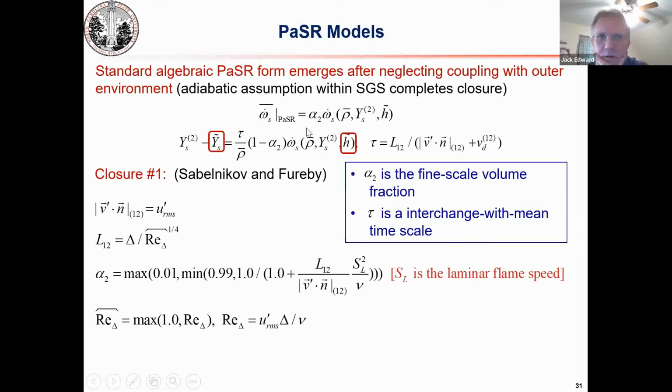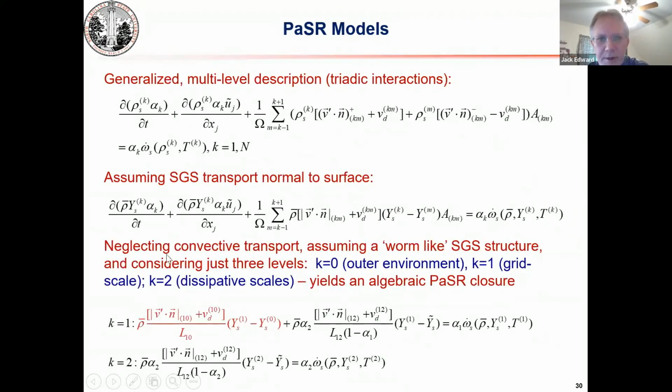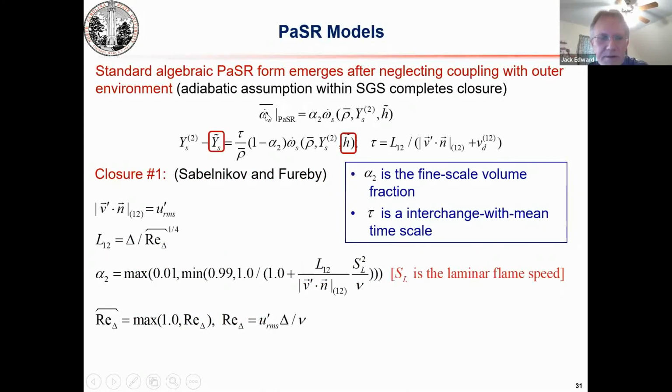Now, what PASR models want to do is close the problem by specifying the volume fraction of the finest scale structures. So if you say, okay, I don't care about this outer environment, I'm going to simplify these two terms together, then I end up with the classical or standard algebraic PASR form.